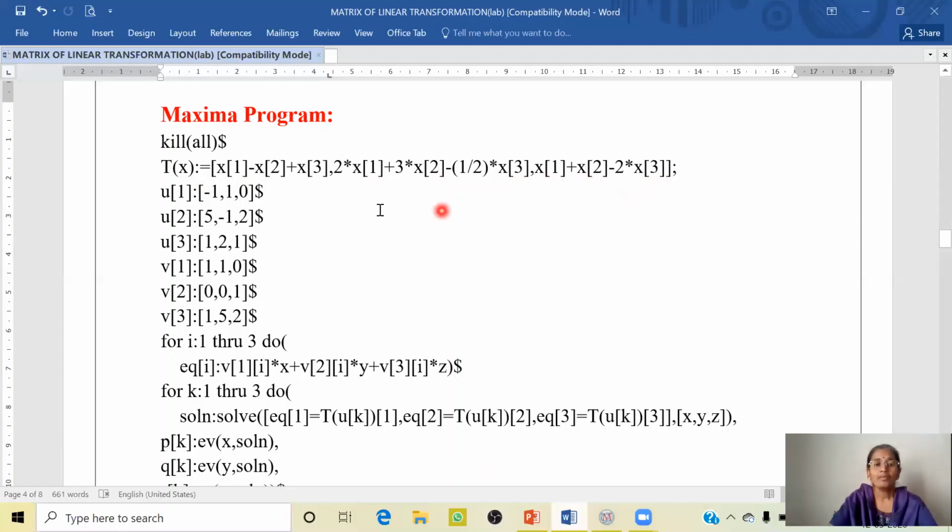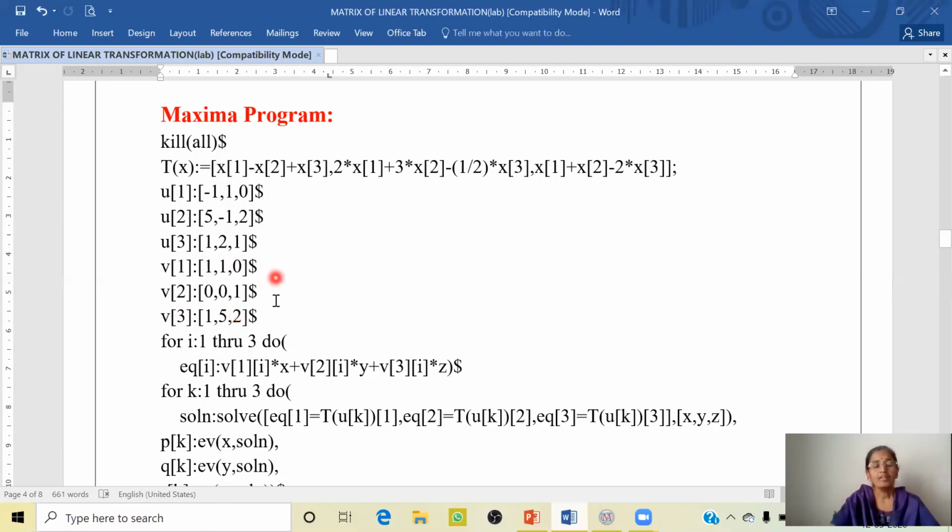Here the basis elements belonging to B1 are called U1, U2, U3, and we type them within square brackets. The basis elements of B2 are represented by V1, V2, V3, once again within square brackets.